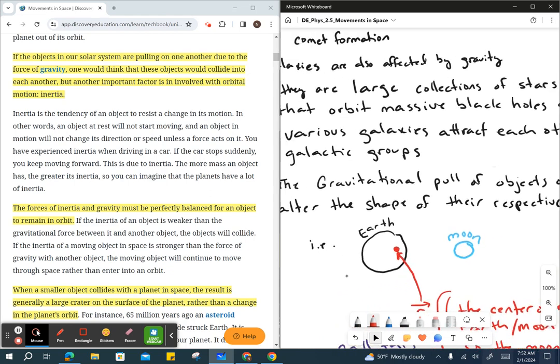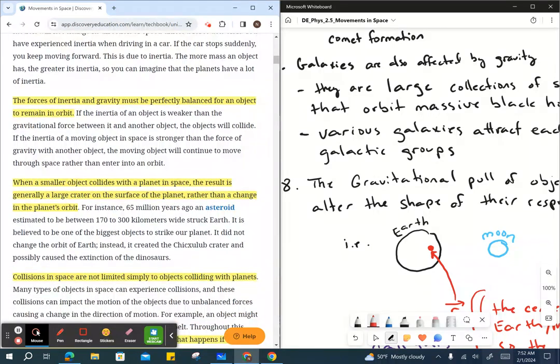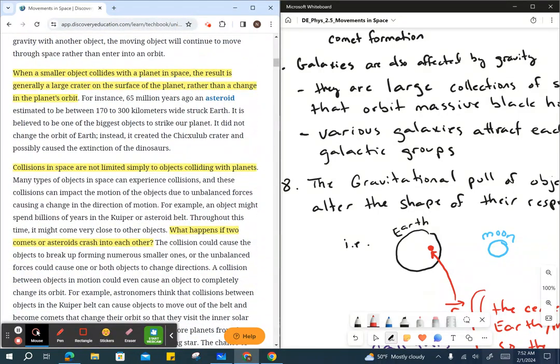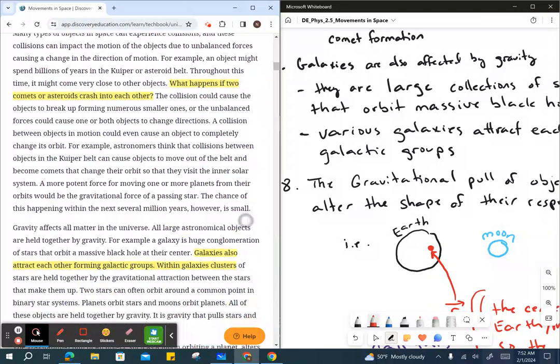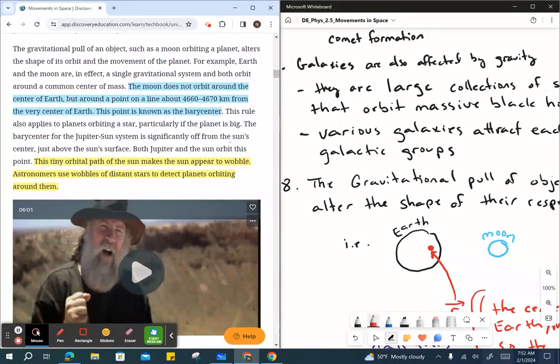Just making sure you have all that, okay? And you can kind of see how we're just tracking here with your notes, right?